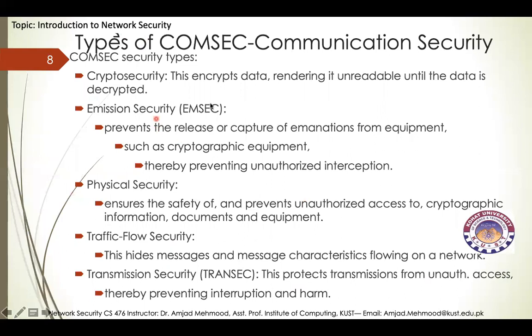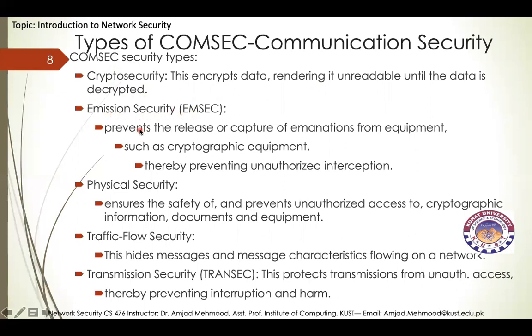These are the types of ComSec, the controls which you need to consider. The first one is crypto security. This encrypts data, rendering it unreadable until the data is decrypted.